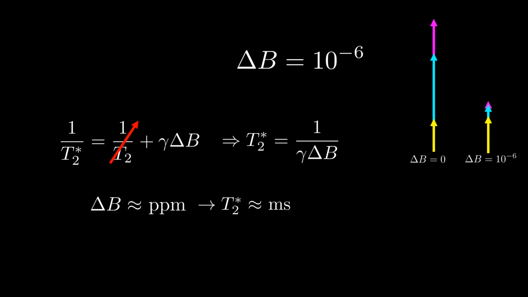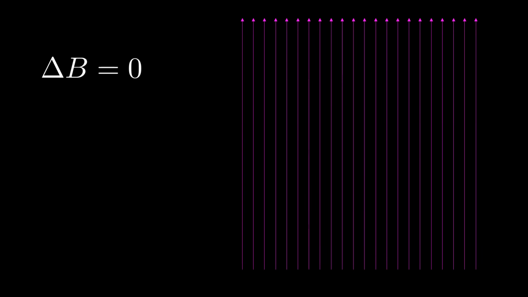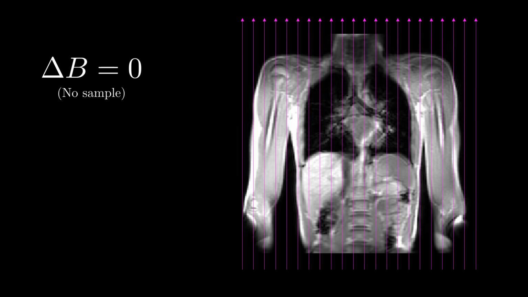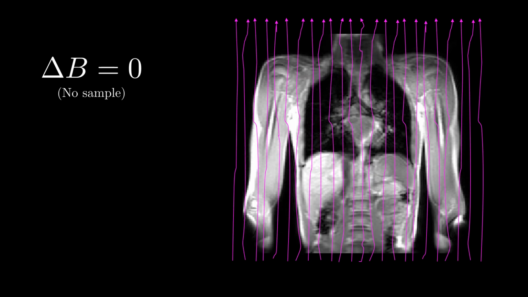But it's important to remember that even if you can manufacture a magnet with absolutely perfect field homogeneity, once you put something to image inside, especially living physiologically active tissue, the field will be distorted and delta B will increase. So you can only go so far perfecting a field anyways.